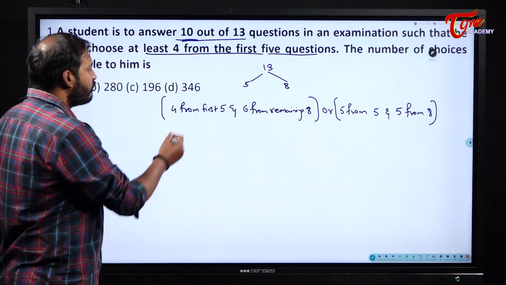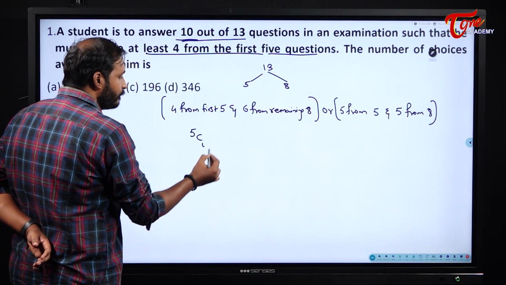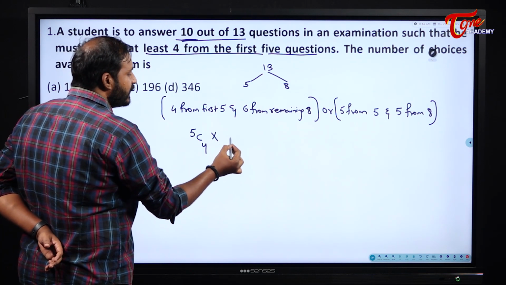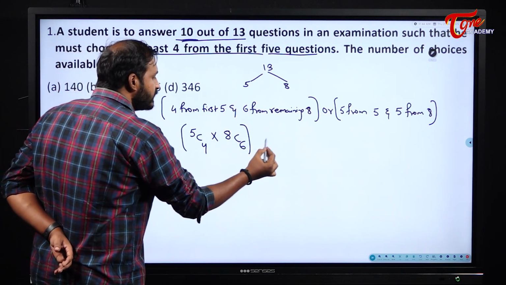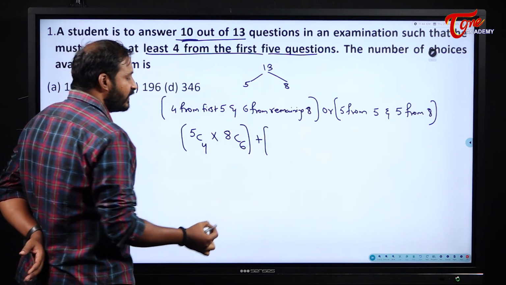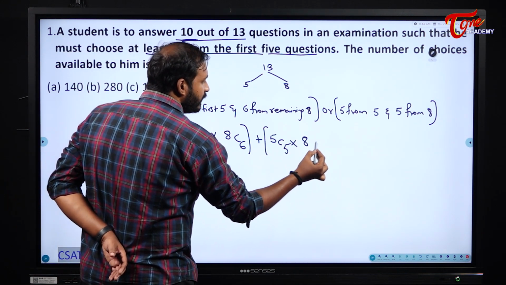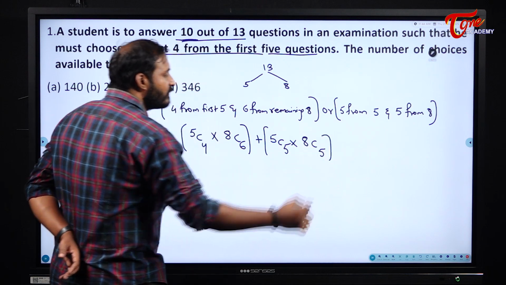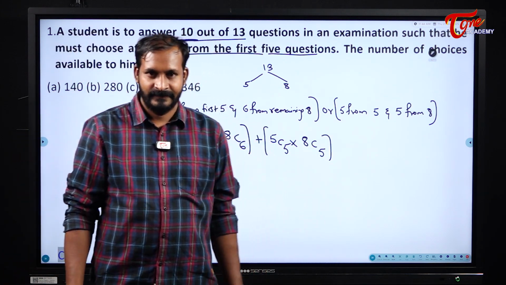So now see here, 4 from first 5 means what? In how many ways can he do it? 5C4 into 6 from remaining 8 means 8C6, plus 5 from 5 means 5C5 into 5 from 8 means 8C5. Remember one thing, students: always our r will be less than or equal to n.